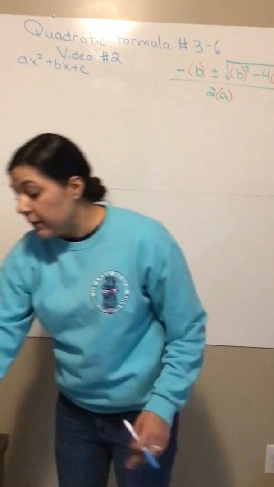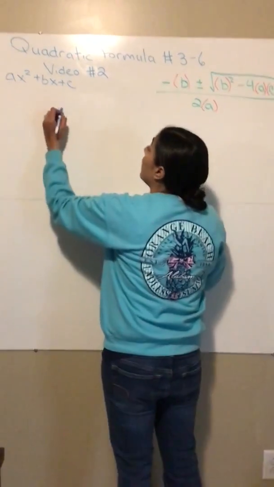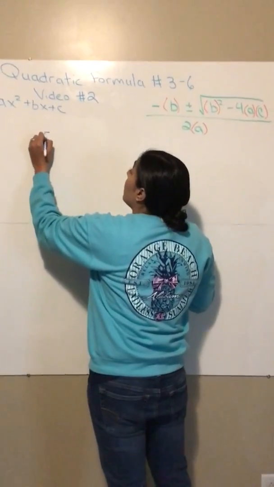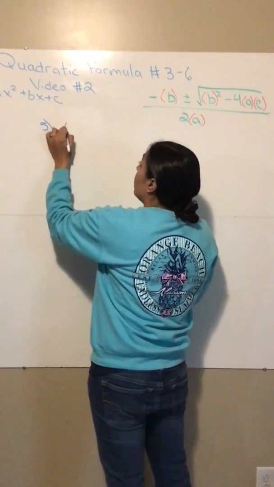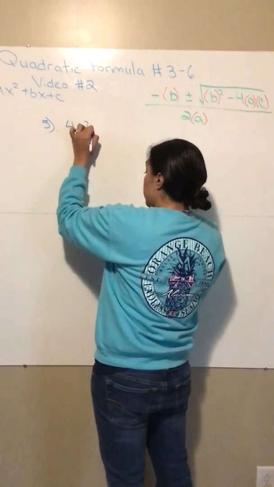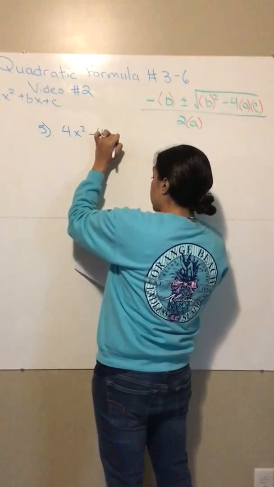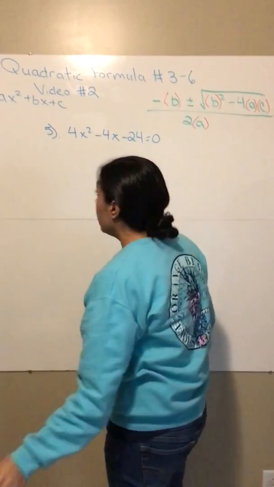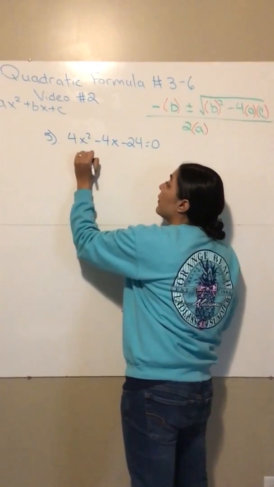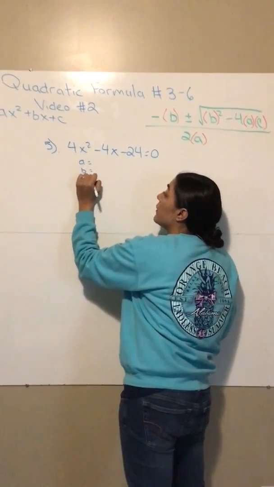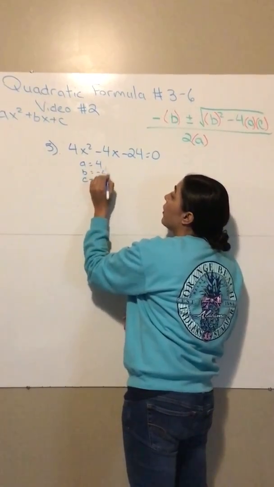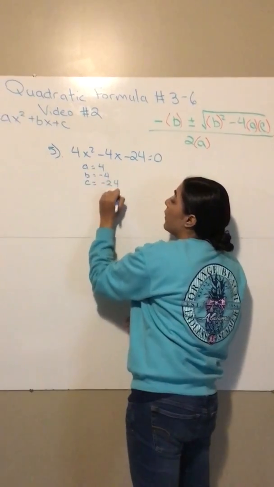So number 5, I got 4x squared minus 4x minus 24 equals 0. Okay, so we're going to say, well, what's our A, our B, and our C. Our A is going to be 4, our B is negative 4, and our C is negative 24.